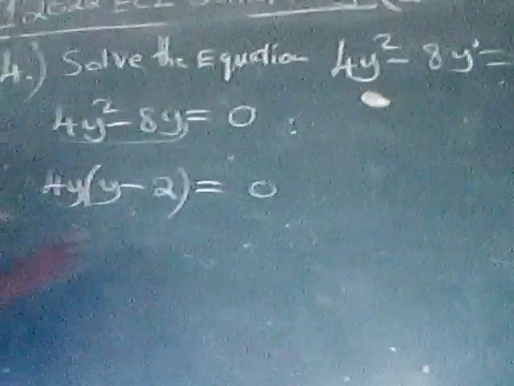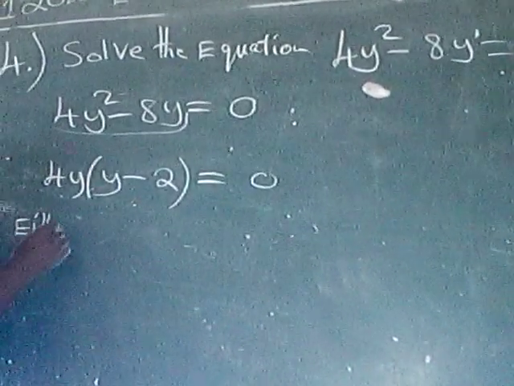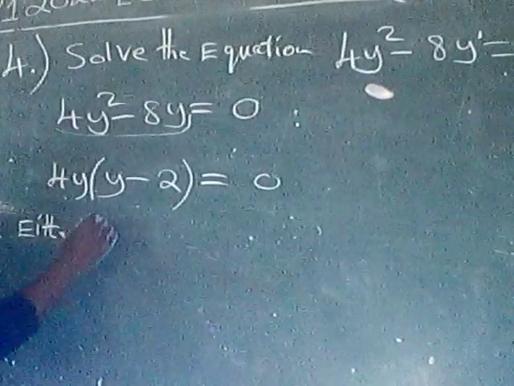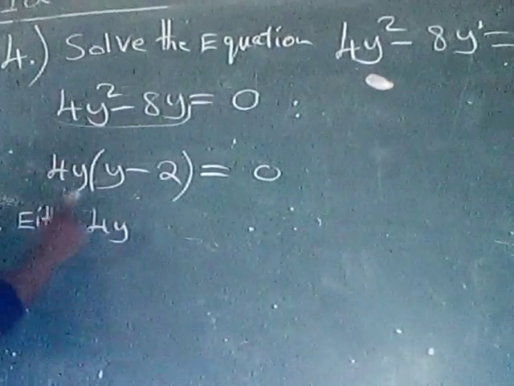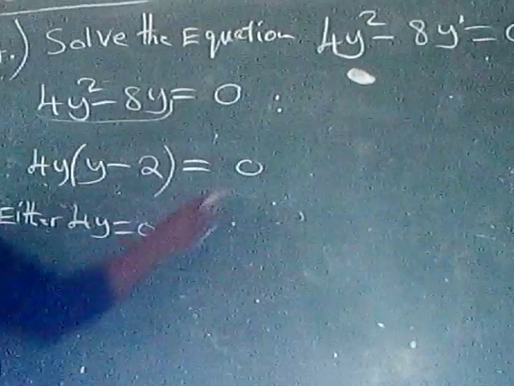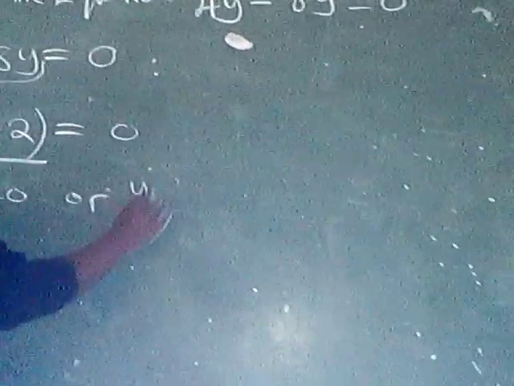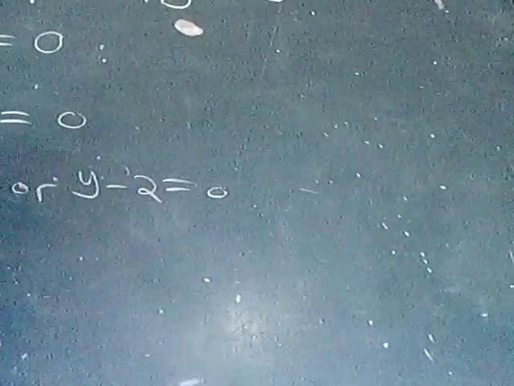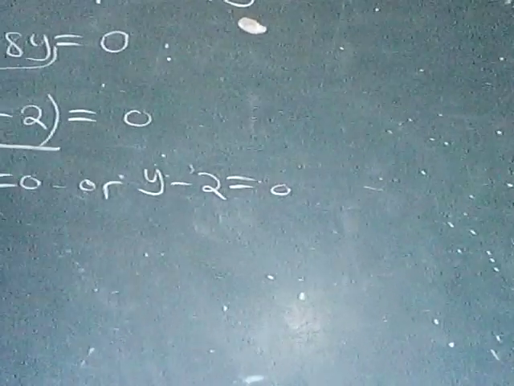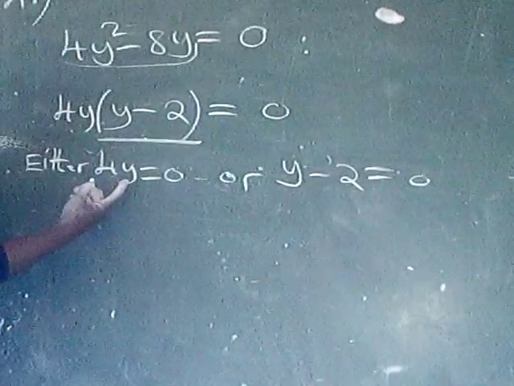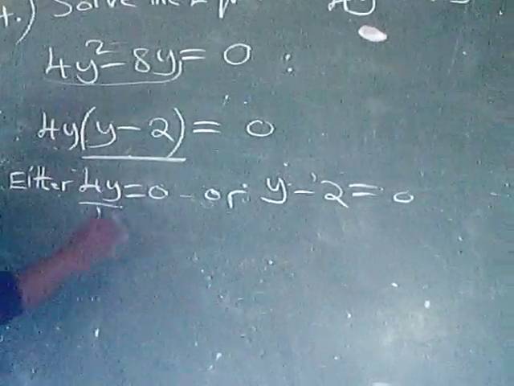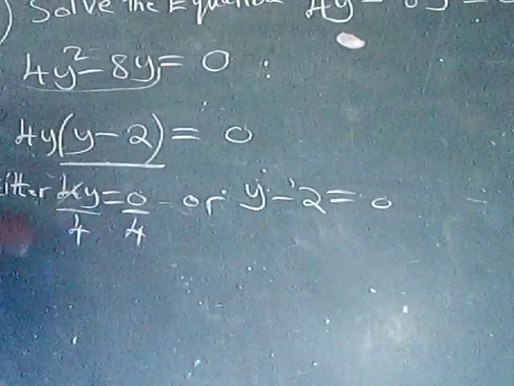Once we do this, you equate this to 0. When you reach this point, you say either this 4y that you are seeing here is equal to 0, or this expression, which is y minus 2, equals 0. Then we solve for y. You need to remove the 4 by dividing it. Cancel.